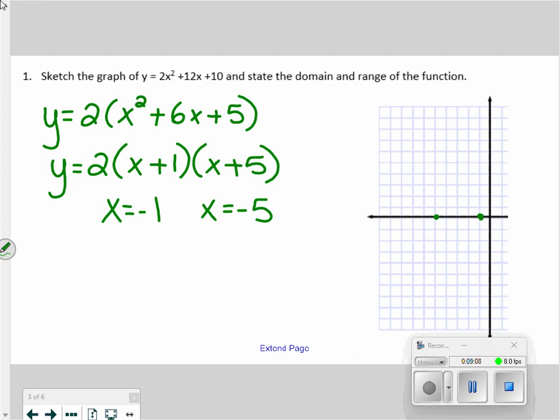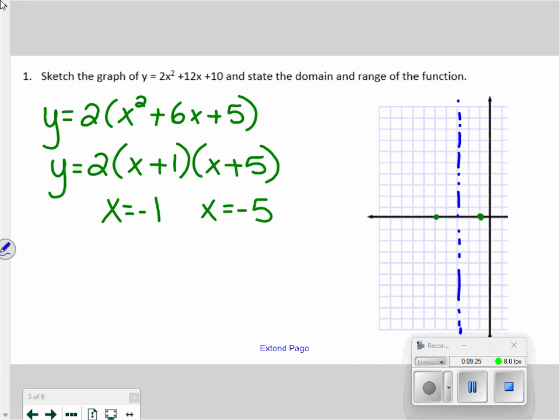Where will the axis of symmetry be? In the middle of those two. Okay? So this is our axis of symmetry. Right, that imaginary or dotted line.